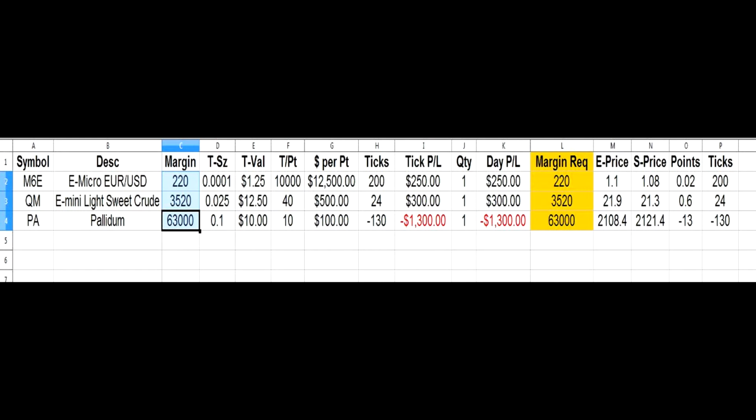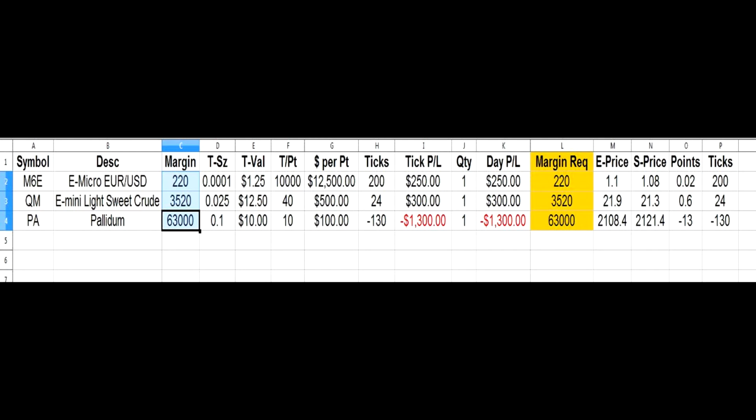But in any case, the margin requirements in column C says margin. You'll notice that for M6E, which is the E-micro Euro US dollar futures, look at that margin, $220. Talk about cheap. That is a very low margin requirement. Okay?